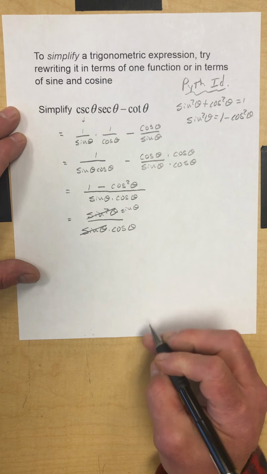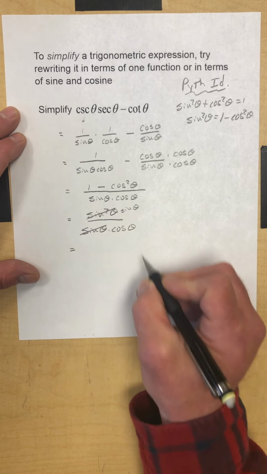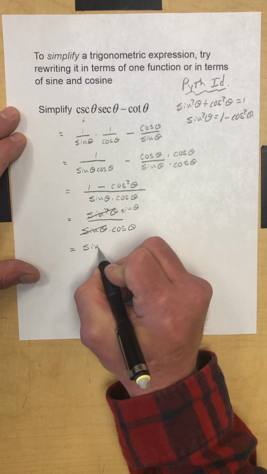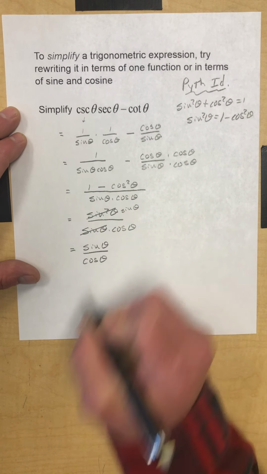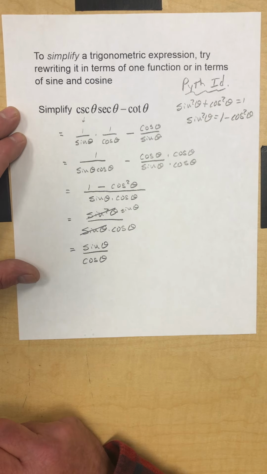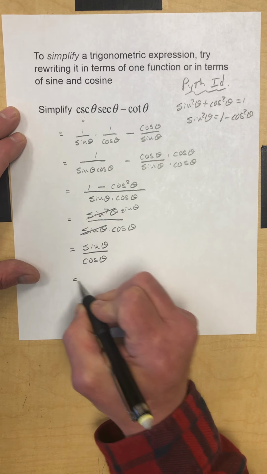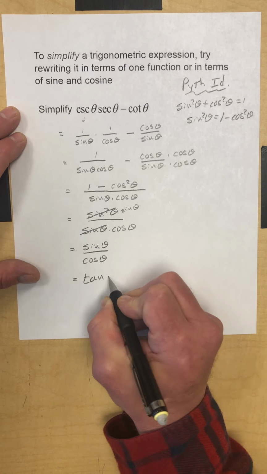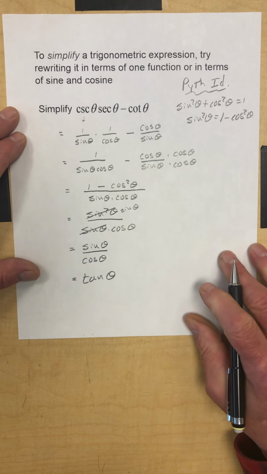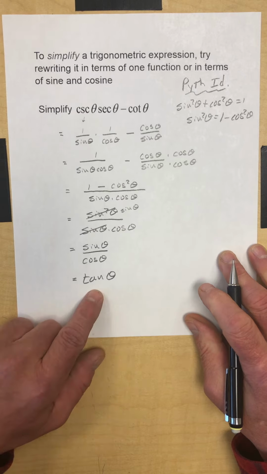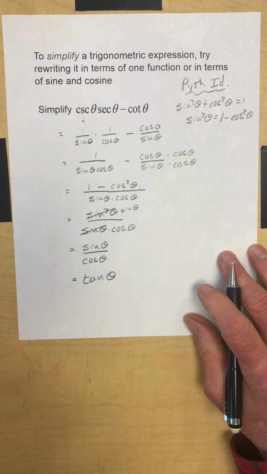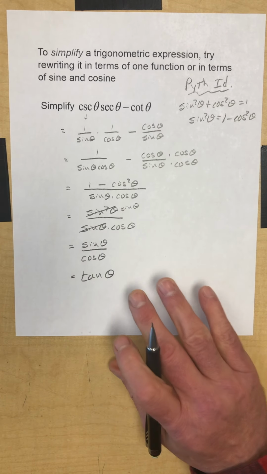So all I'm doing is reducing a fraction. So I end up with sine of theta over cosine of theta, and we know sine over cosine is tangent. So this big expression reduces down to the tangent of theta. I like that guy.